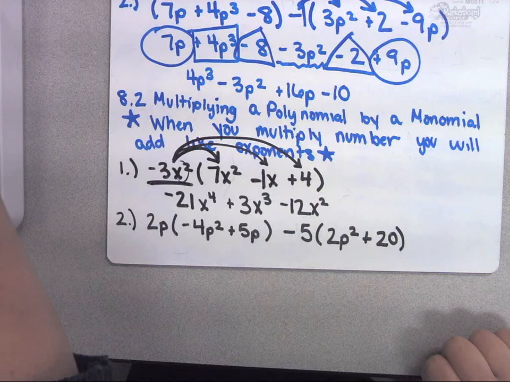I boxed the answer on my end. I'm just waiting, letting some of you work. I know some of you are done, some of you are still working. Did you get 2 terms in your answer? Okay.